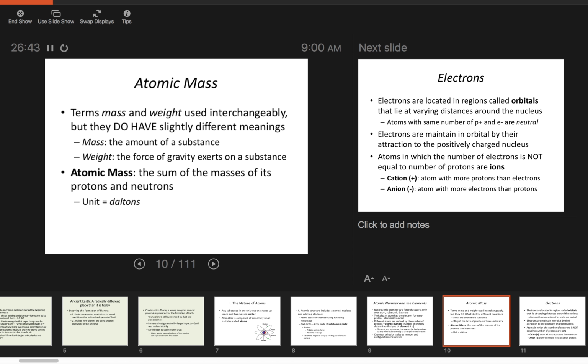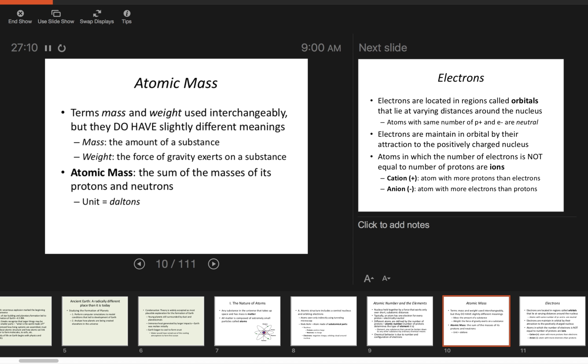Now, these numbers represent the average atomic mass because there are different forms of the same element in the universe. We call those isotopes. So like carbon has 3 isotopes, carbon 12, carbon 13, and carbon 14. And so what they do is they figure out the average of each, and then they add them up and divide by 3, giving you this average atomic mass.